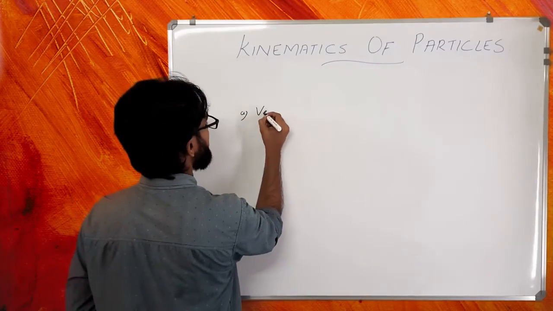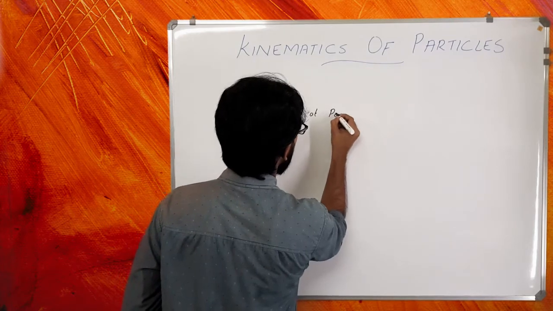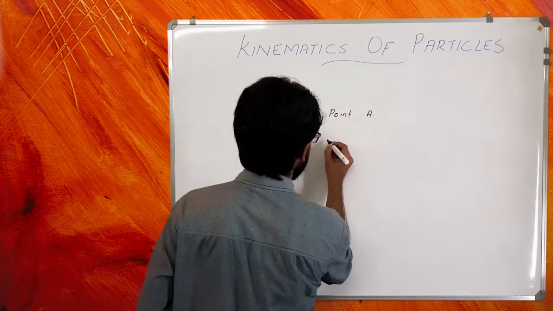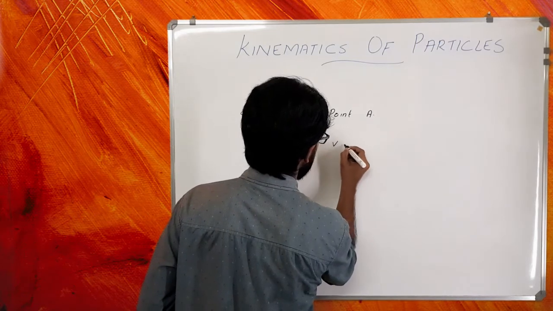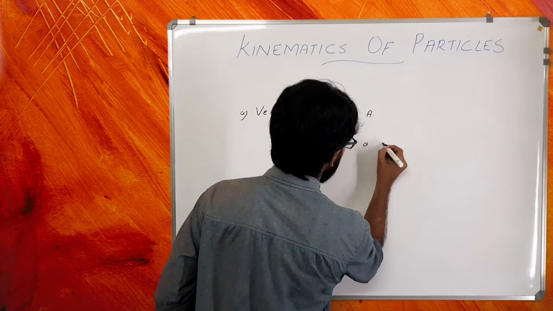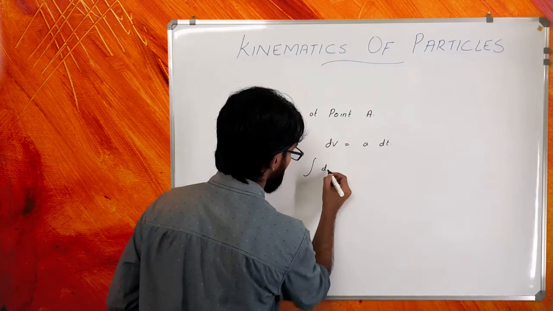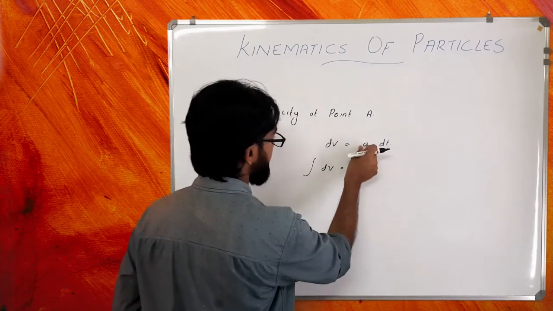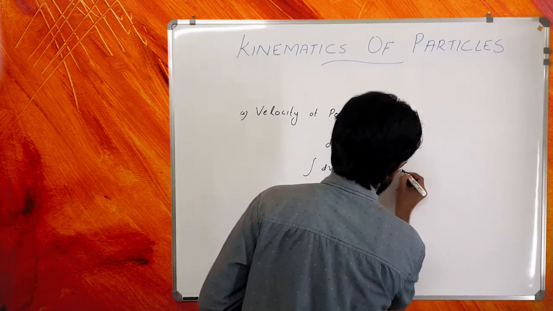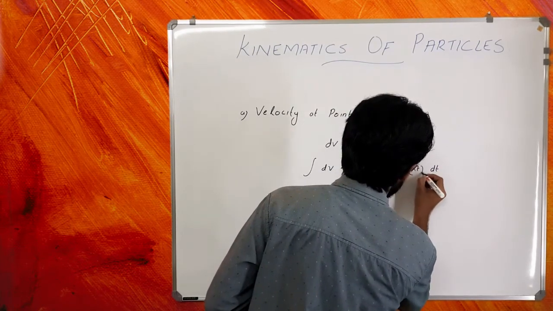We have the first part of the question, velocity at point A. Now we have the basic equation dv equals a dt. Now integrating both sides, and a we already know the value, minus 1.8 sin kt dt.